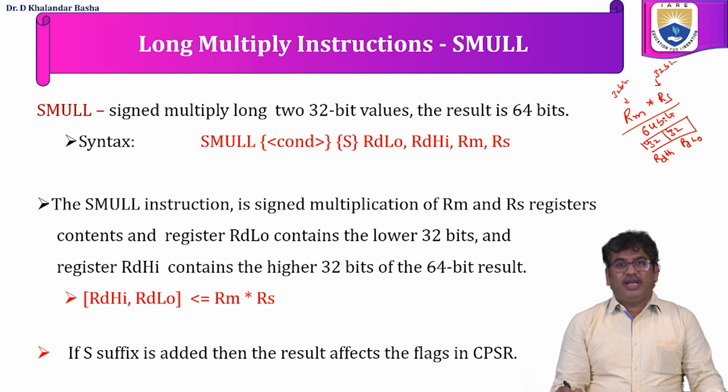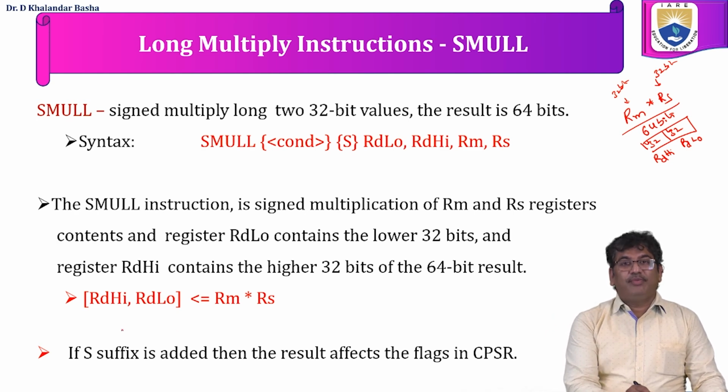The SMULL instruction is a signed multiplication of RM and RS register contents, and the register RDLO contains the lower 32 bits of the result, and the register RDHI contains the higher 32 bits of the 64-bit result. So the functionality of SMULL we can write as, after multiplying two 32-bit values which are in RM and RS registers, which will produce a 64-bit result.